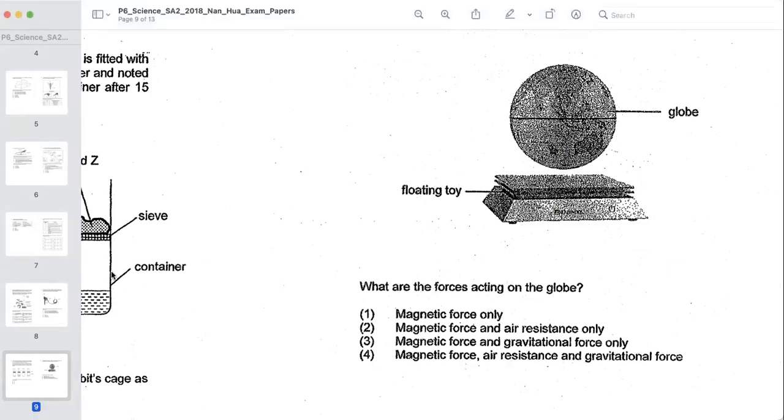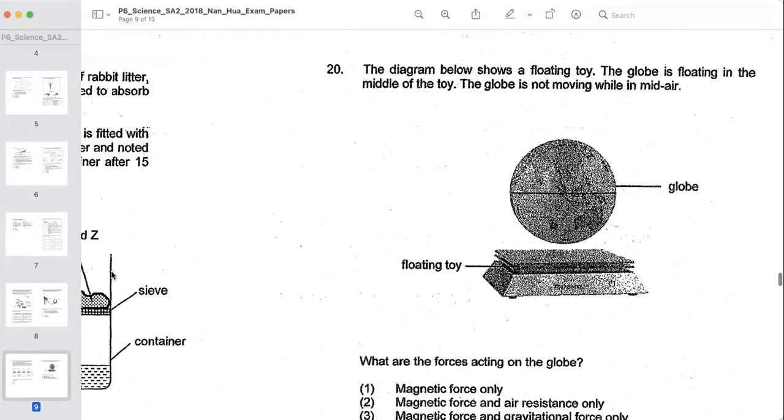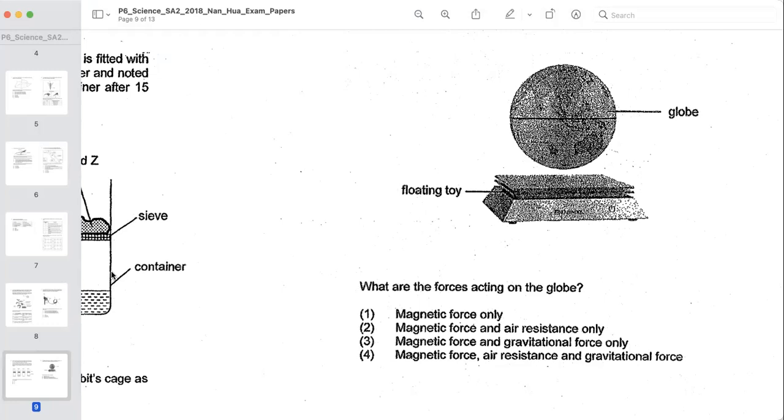Let me see. Okay, why is there air resistance? Let me look at it. Oh, okay, because it's floating in mid-air. When it's floating in mid-air, something is trying to pull it downwards, which is GF.